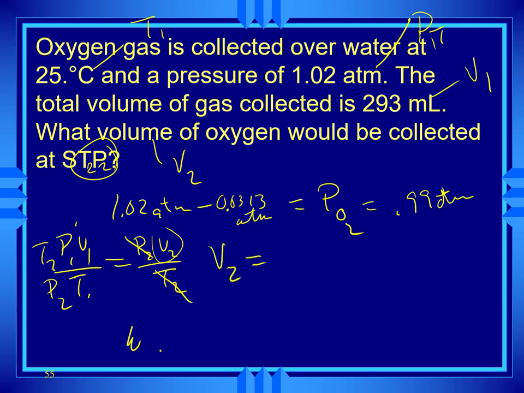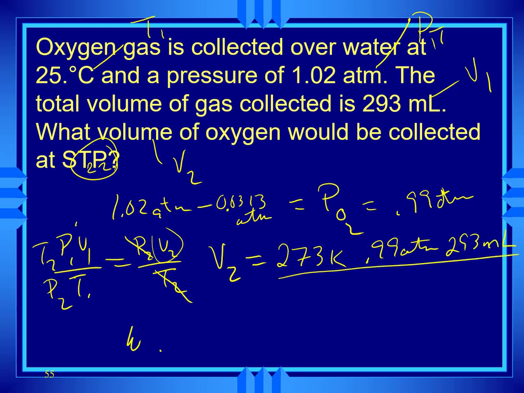So V2 equals T2. What temperature is T2? It's 273 Kelvin, because it's STP, 0 degrees Celsius. P1, 0.99 atmospheres. I want just the oxygen. V1, 293 milliliters.